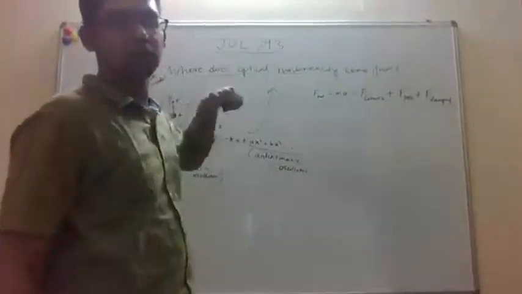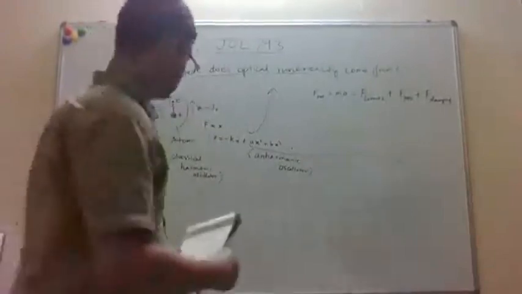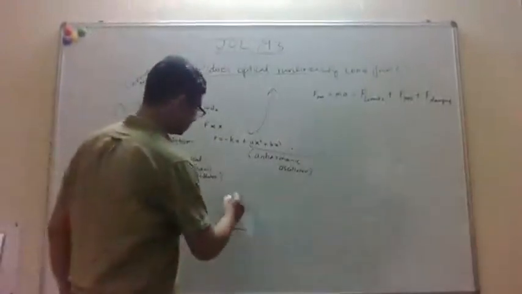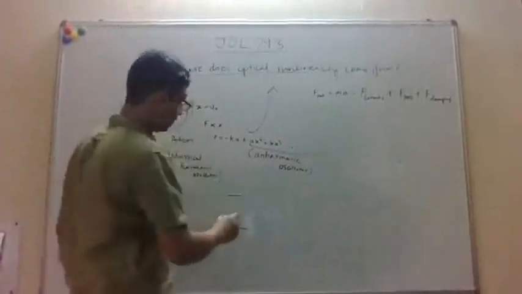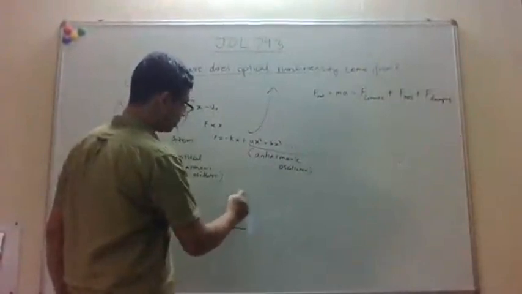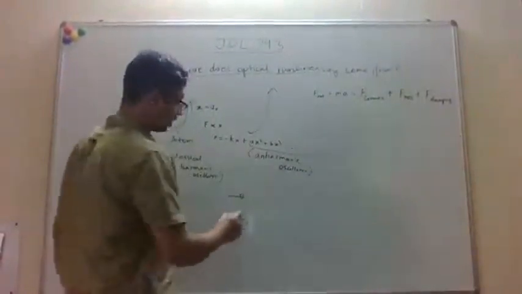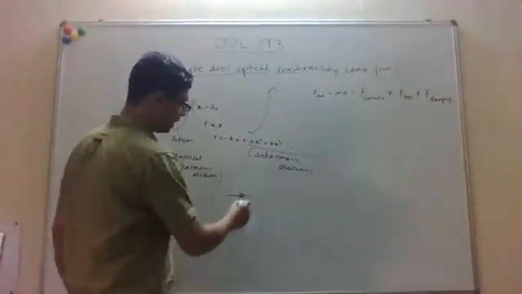So you go back to the quantum mechanical picture, right? So you have some discrete energy levels in this atom, right? So the atom can go from one energy level to another. But then if it, let's say, goes to a higher energy level, it does not stay there, right?